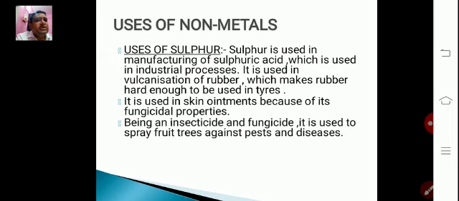Nitrogen is a non-metal which is used in making fertilizer to enhance the growth of plants. Nitrogen is also one of the important constituents of the soil, and most leguminous plants convert the atmospheric nitrogen into nitrates. Chlorine is a non-metal which is used in the water purification process.